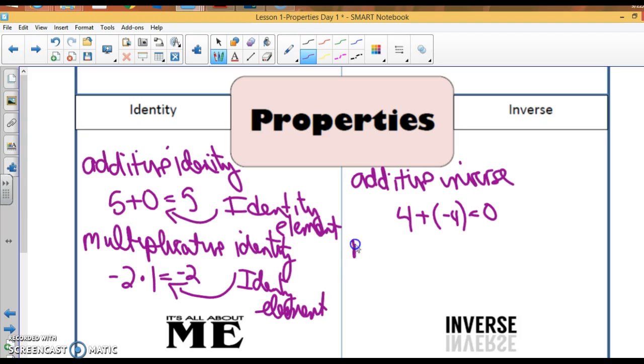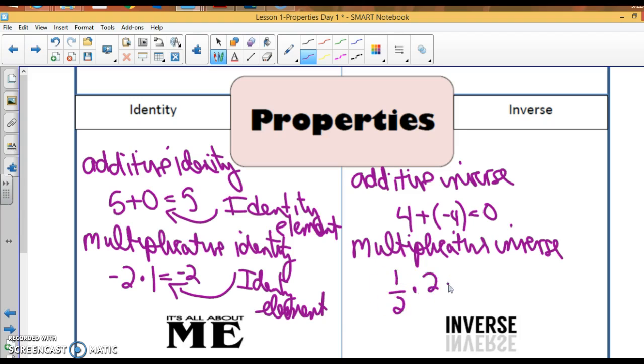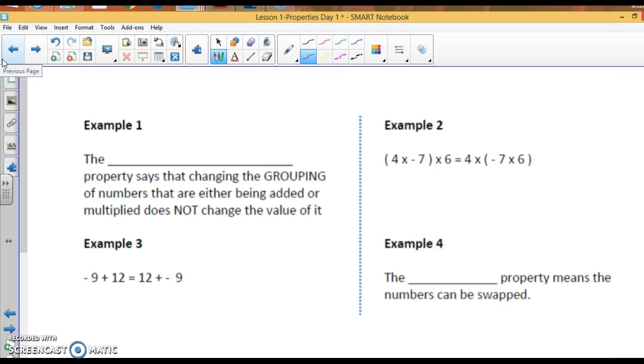The multiplicative inverse is when you multiply a number times its reciprocal, you always get 1. So additive inverse, add a number to its opposite, you get 0. Multiplicative inverse, multiply a number by its reciprocal and you will get 1. All right, let's take a look at a couple examples.